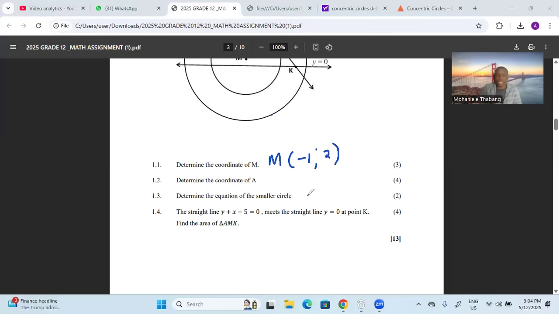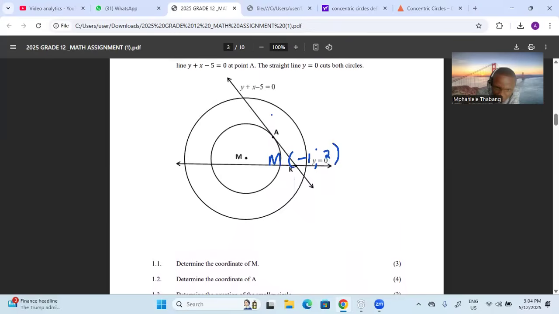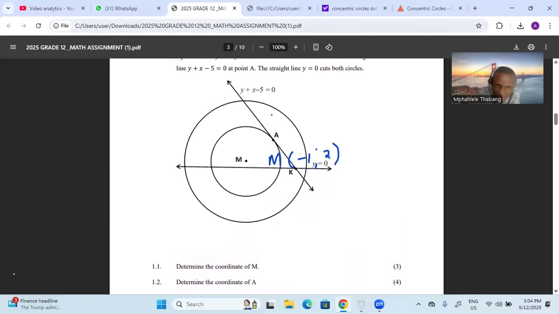Now, the second question says, determine the coordinates of A. Let us go and look at the point A. I love this question actually. I love this problem where they say determine the coordinates of A. Let me erase here.